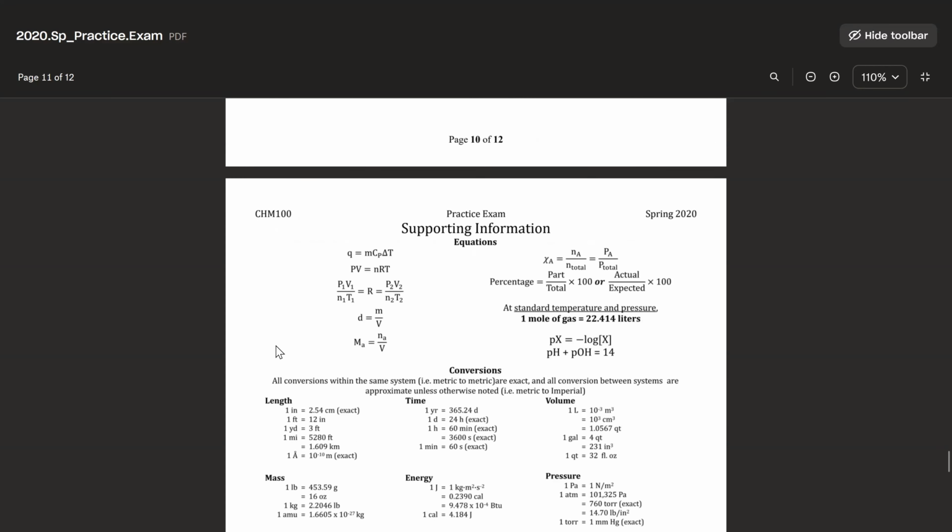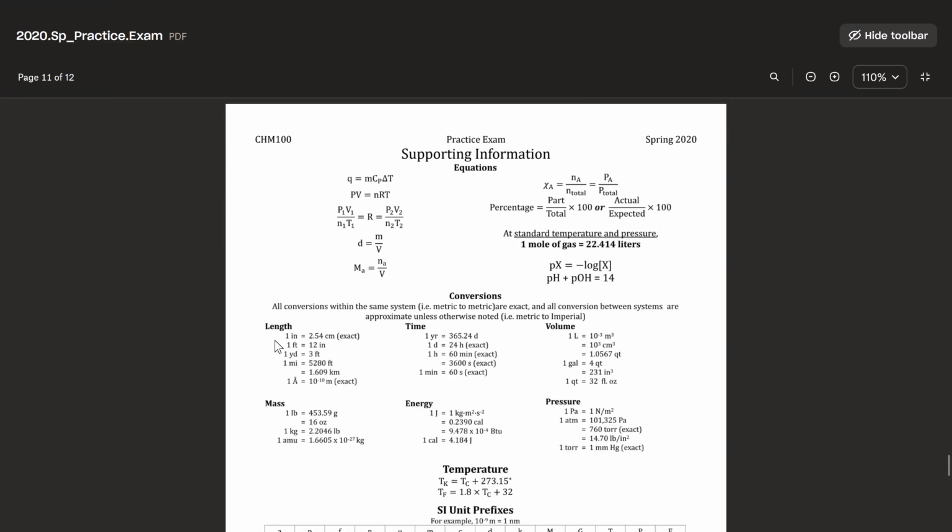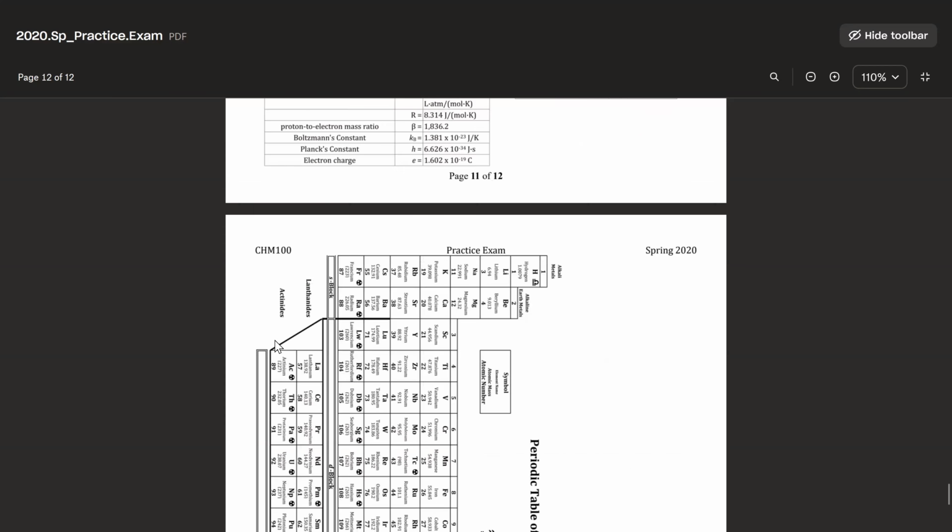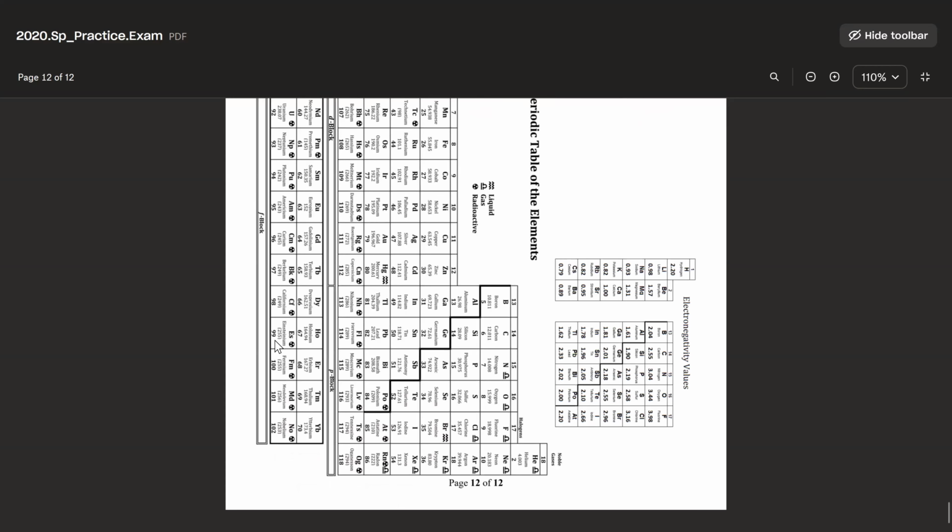All right. And then the last 2 or 3 pages is just you're going to get a fresh equation sheet, fresh periodic table, including electronegativity values. So you won't get to use your personal periodic table that you've been taking notes on this whole time and coloring in.